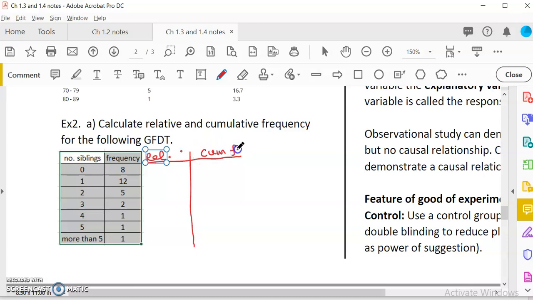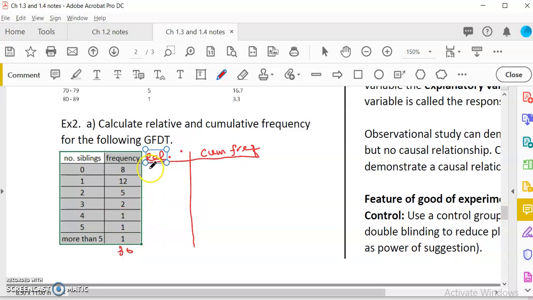Now, for cumulative frequency, it should have a different class, but people understand what a cumulative frequency is, so we don't need to. So first of all, add this together. What is it? 8 plus 12 plus 5 plus, and then we have 1, 2, 3, 4, 5, right? Plus 5. So it's 30.